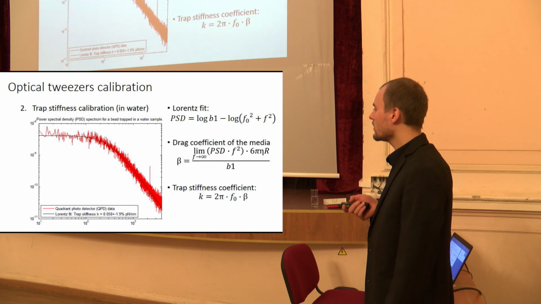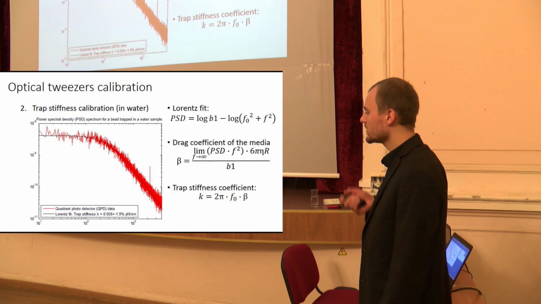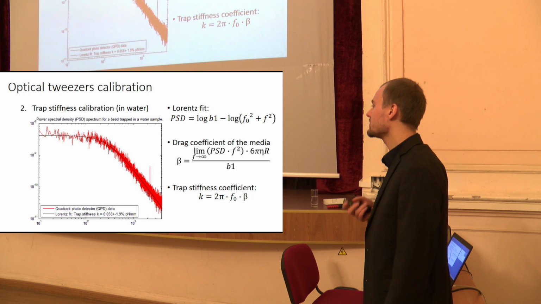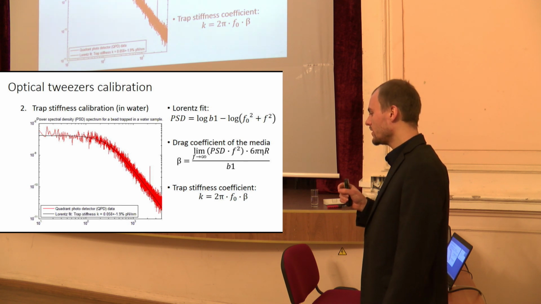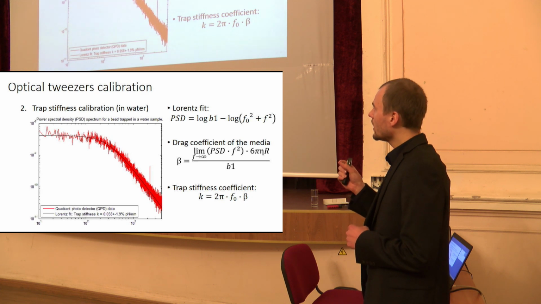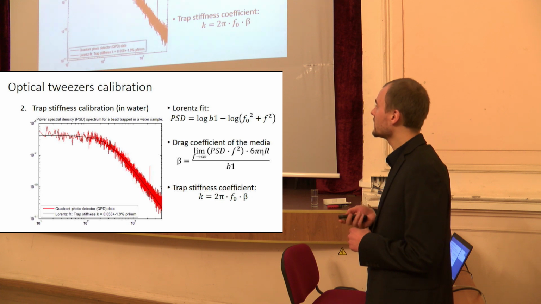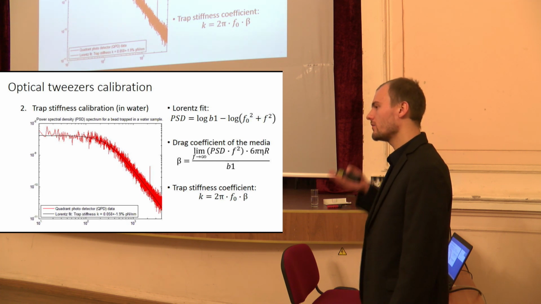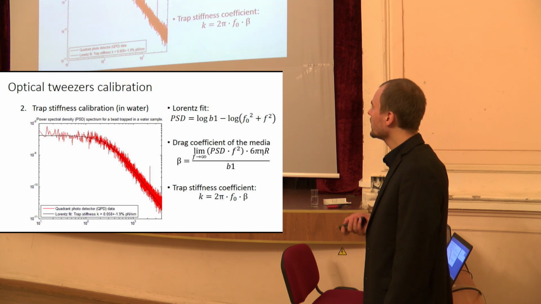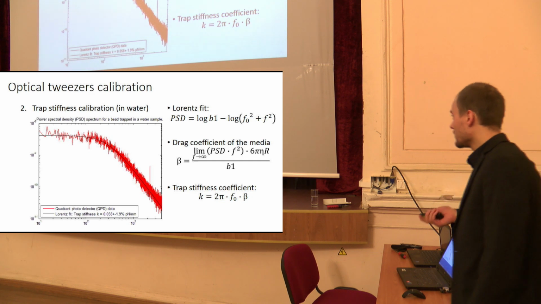It's relatively low. In our setup, we can acquire a higher trap stiffness, but the problem was that if the trap stiffness is very high, the bead deviates from the trap by a very small gap, and the signal is hard to analyze. So we dropped down the stiffness, or the power of the trap, and we went with this trap stiffness.